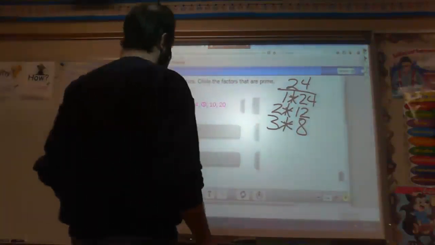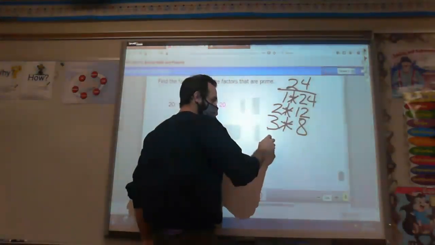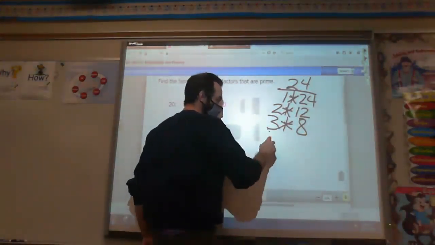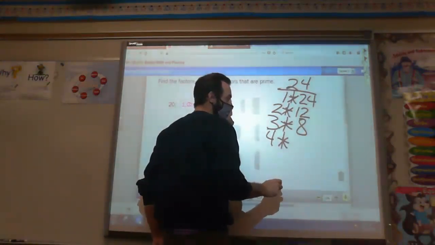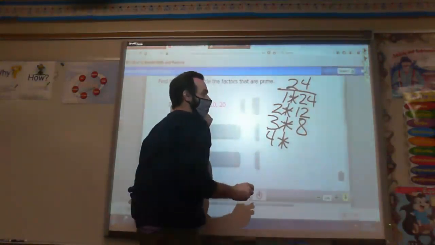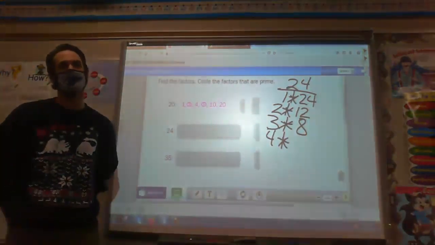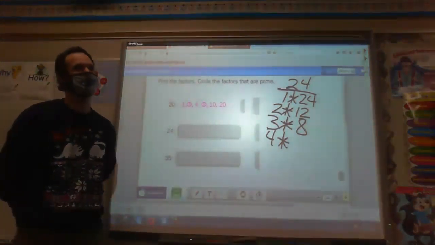Mackenzie, how about the last one? 4 times... All about doubling and halving. We worked really hard on this like 2 weeks ago on a Friday where we found a lot of factors.